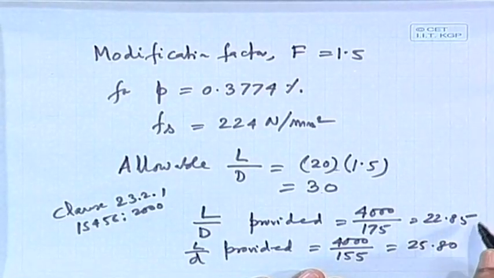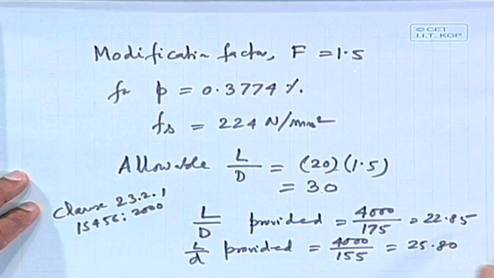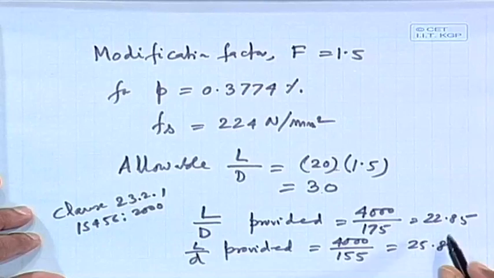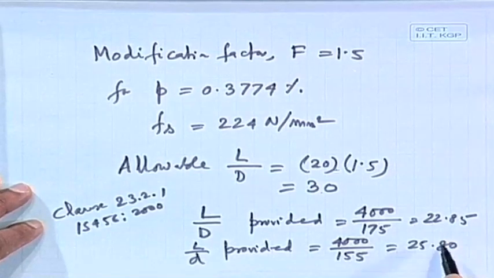So, what is our status then? In one case we are safe, in one case we are not safe. That is where the confusion comes. So, 22.85, 25.80, we are getting two different values.